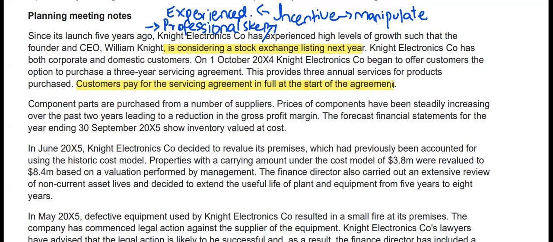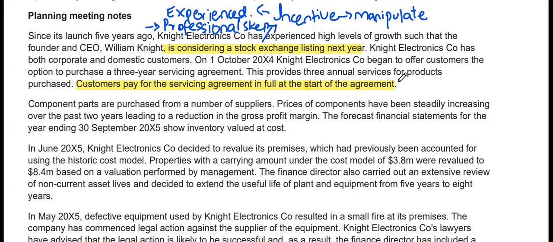Instead of recognizing revenue over a period of time, the company directors or the finance professionals of the client might have recognized the revenue at a point in time. So what will this lead to?